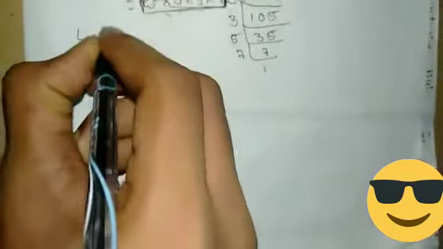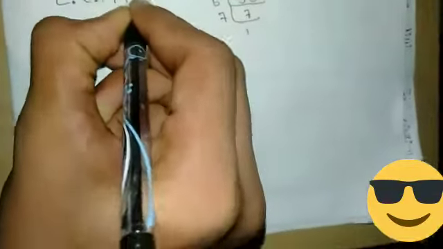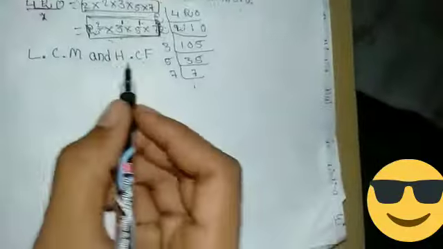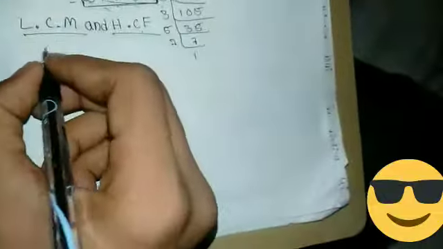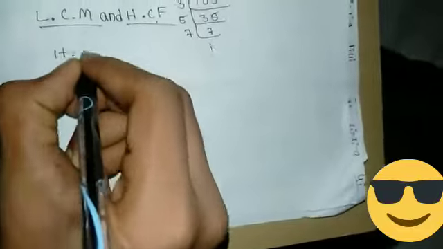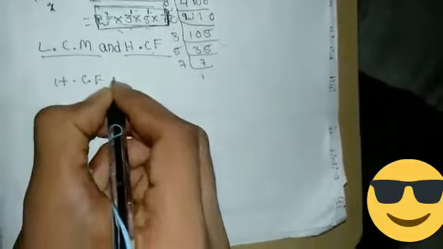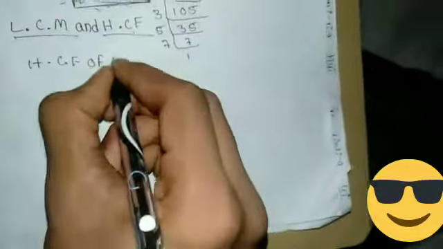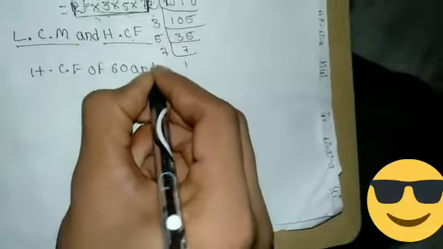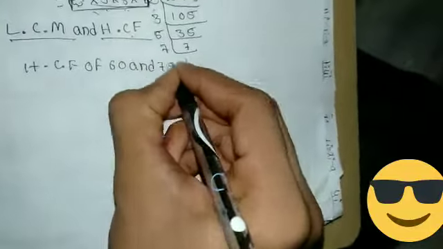By this theorem we can find LCM and HCF. Let us see an example of LCM and HCF. First write HCF. HCF of 60 and 75.